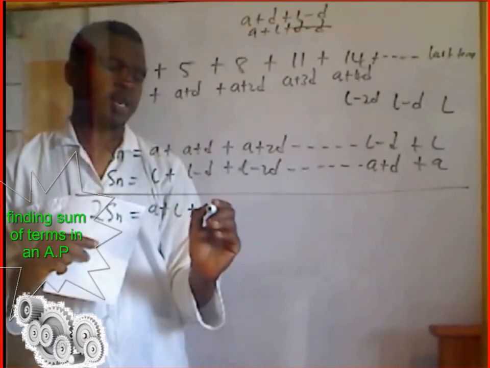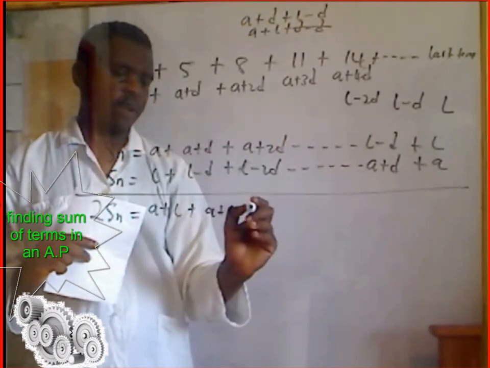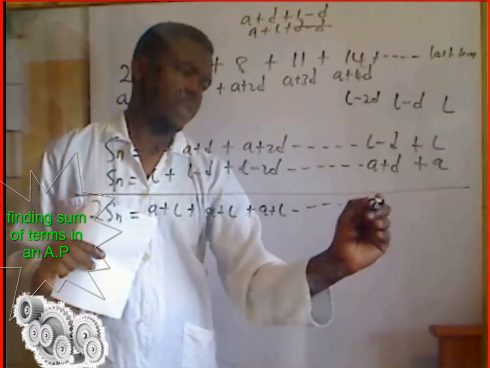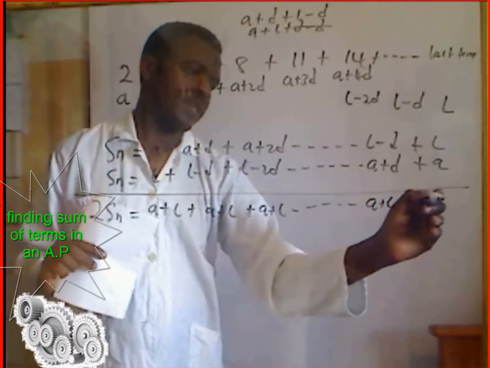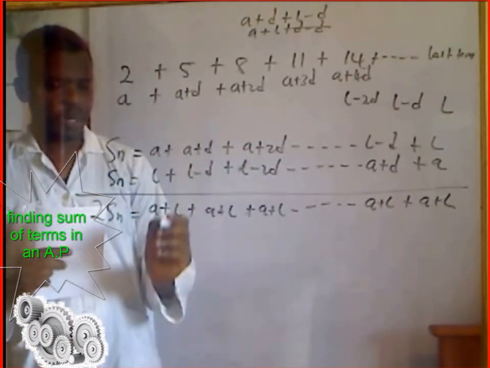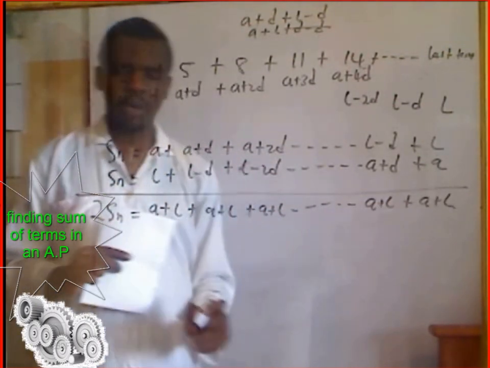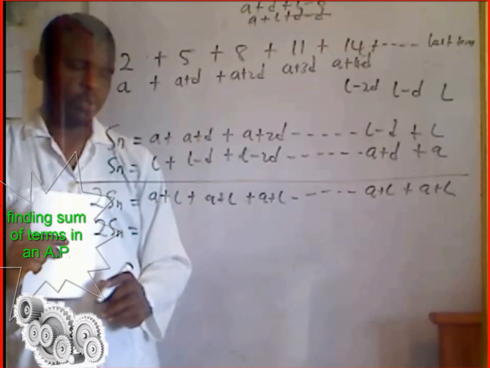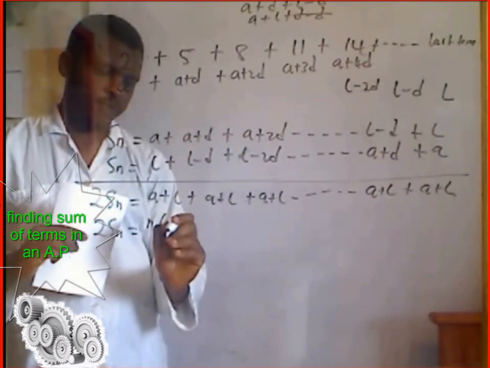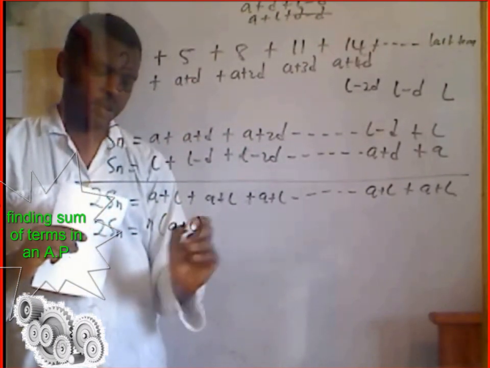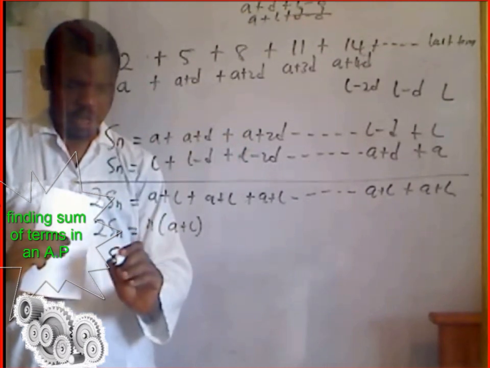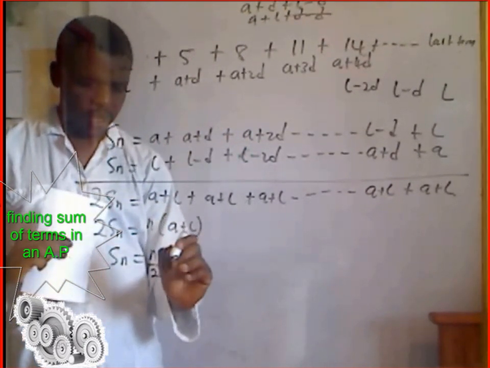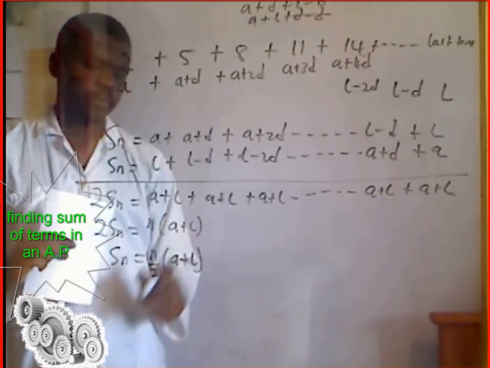So I'm left there with A plus L, likewise plus A plus L, plus A plus L. I factorize, so A plus L occurs n number of times. I'll say 2 Sn is equal to n factor of A plus L. So Sn is equal to n all over 2 times A plus L.